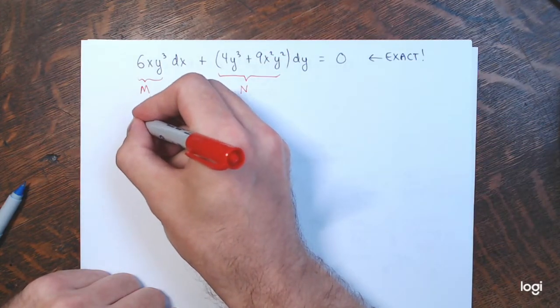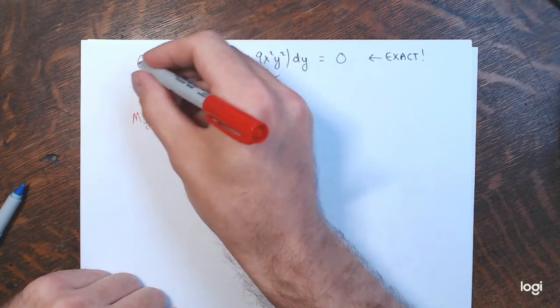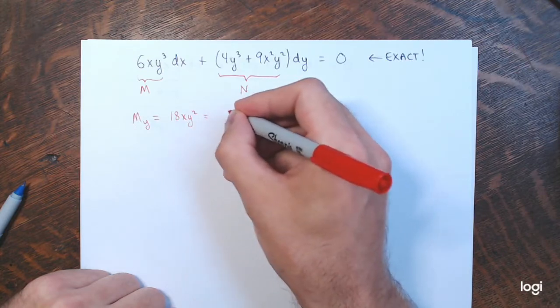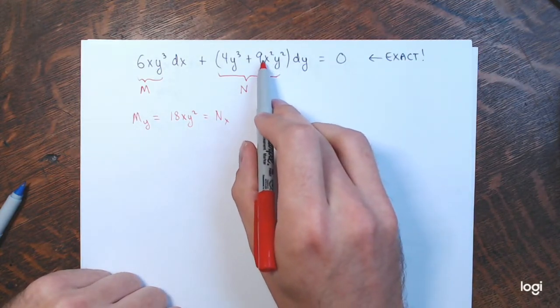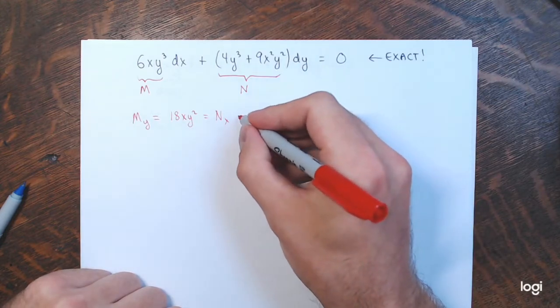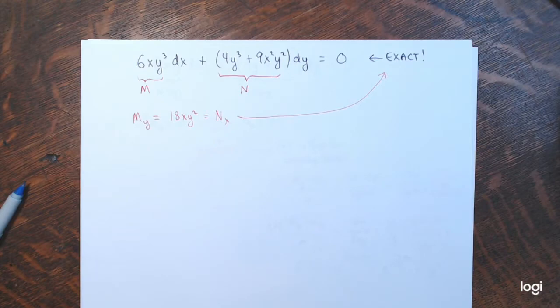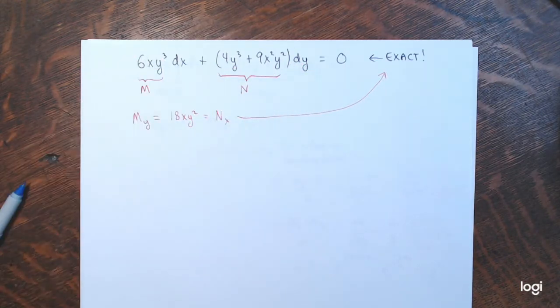And you see that the partial of M with respect to y would be 18xy squared, which is the exact same thing as the partial of N with respect to x. It would be 18xy squared. So this is an exact equation. Fantastic. Meaning that this left side now is the total differential of some function called f.